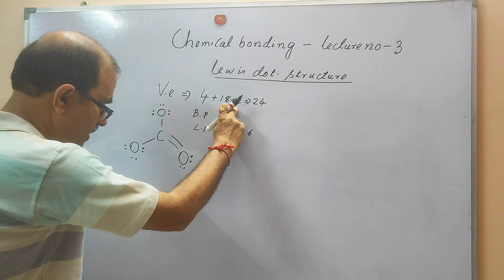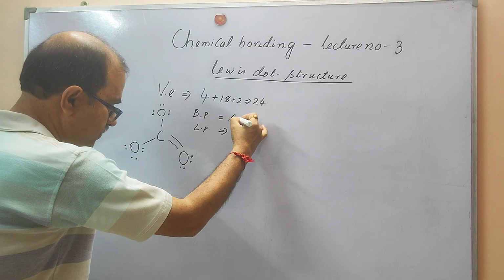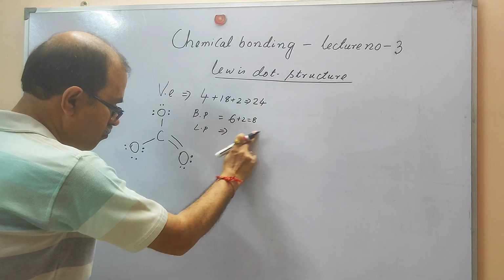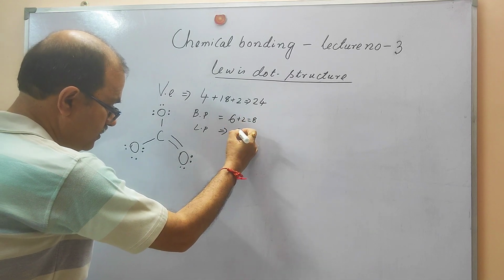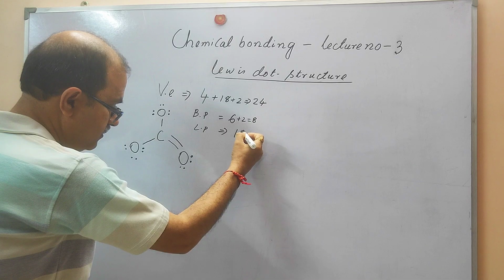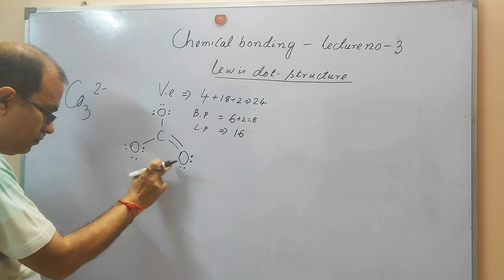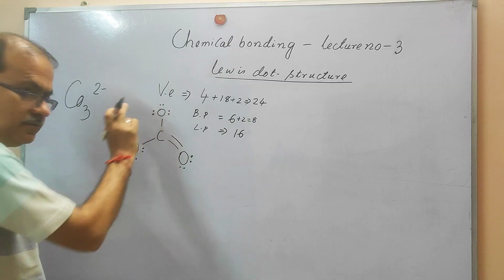So here we can write another bond pair, 8, and total lone pair of electrons, that will be 16. 16, you will use 1, 2, 3, 4, 5, 6, 7, 8. Right?